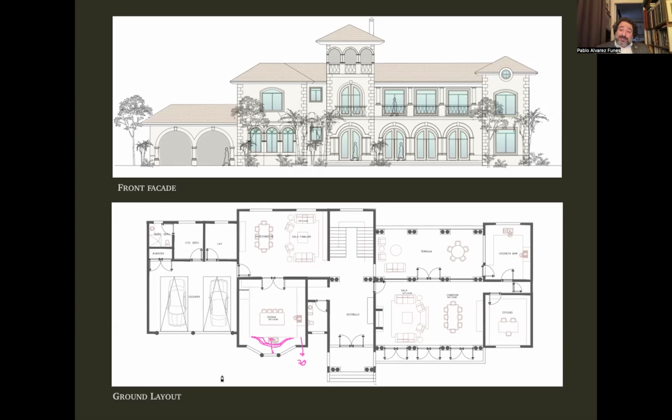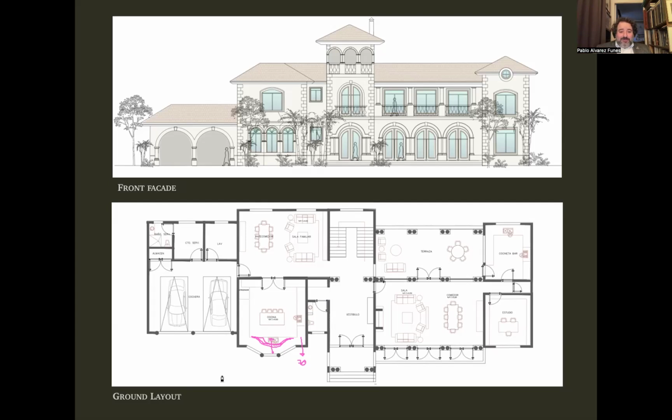Especially with the fridges, it happens, no? Everyone wants massive fridges, they're tanks. And then what are you going to do with them? You don't want to see them, but you don't want the kitchen to be too bulky. So it's a bit of a problem.